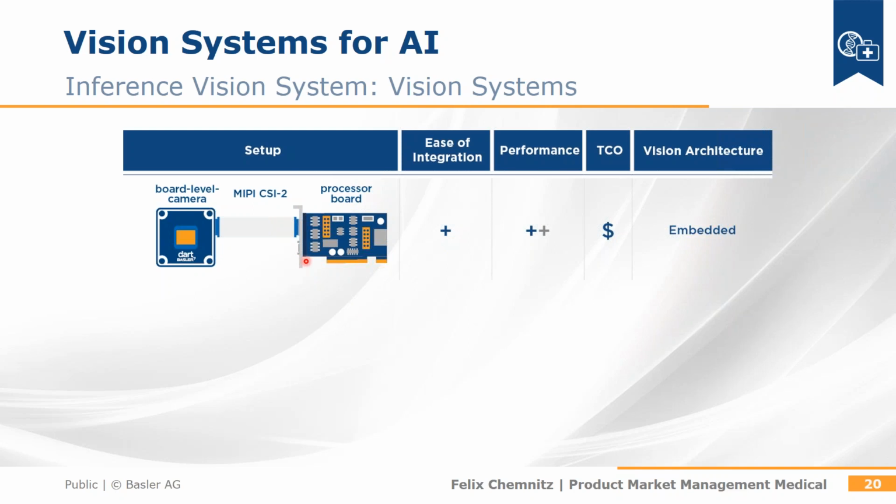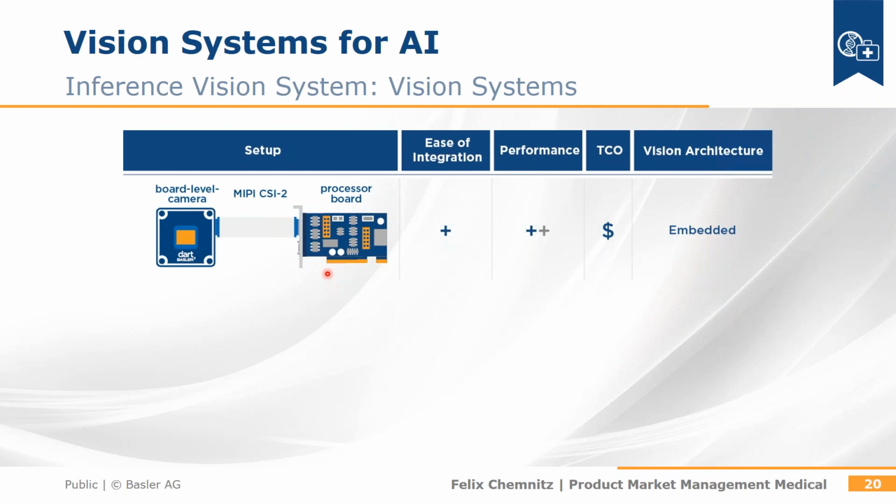But if you go down to your own board design, a real custom board design, you can go much cheaper in the processing board itself. This would be, from my perspective, an interesting point if you think about point of care applications where you build a device directly meant to be used on the patient side. This would be the most interesting or the cheapest setup for your needs.